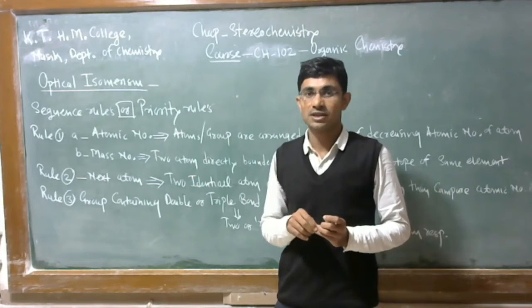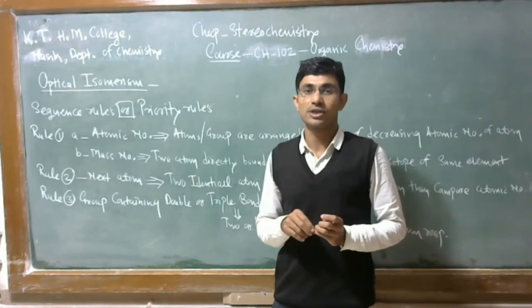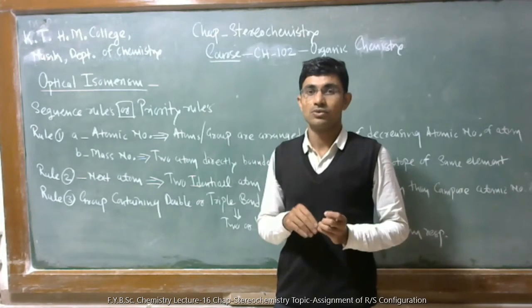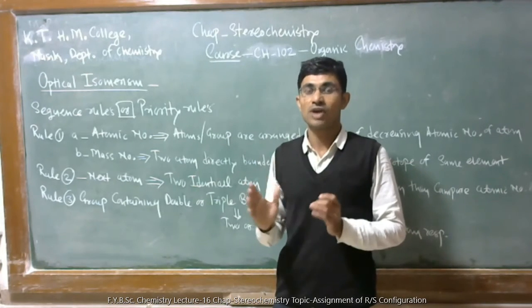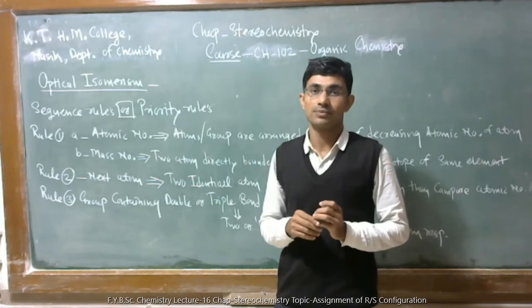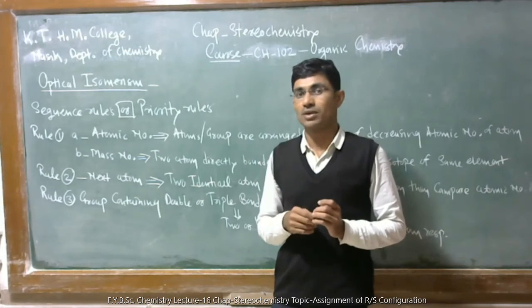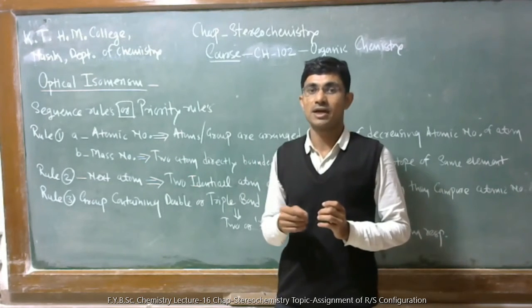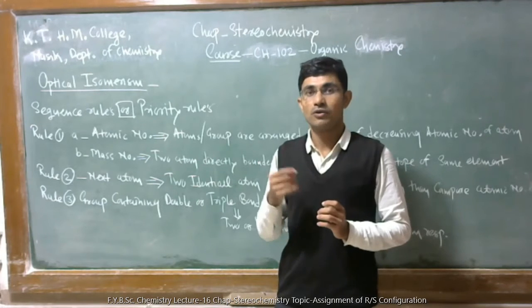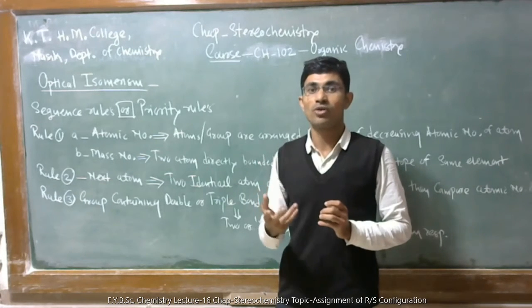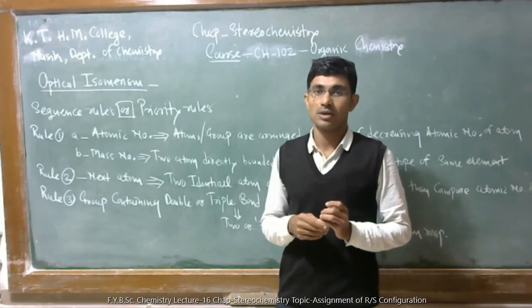Step one is to assign the priority sequence to the different substituents attached to the chiral carbon. In the second step, observe the molecule in such a way that the lowest priority group is away from the observer, or behind the plane.